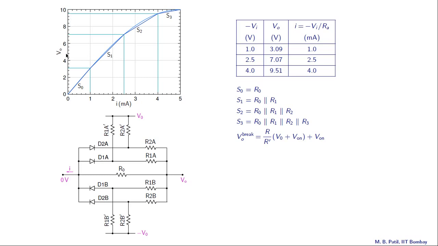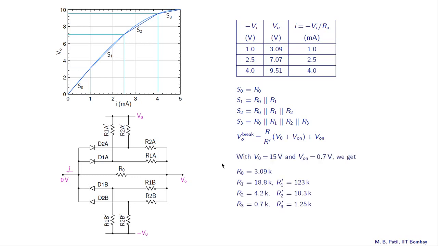For example, this first breakpoint is given by R1 by R1 prime times V0, which we have taken as 15 volts earlier, plus V on, which is 0.7 volts for the diodes. Now we already have R1, and knowing this breakpoint in VO, this value here, we can now calculate R1 prime. And similarly, we can get R2 prime and R3 prime.